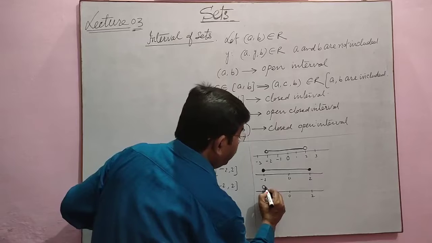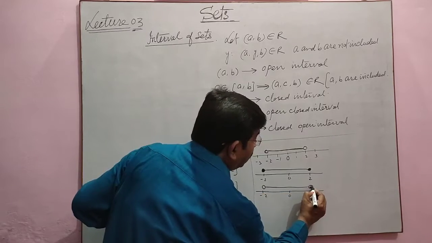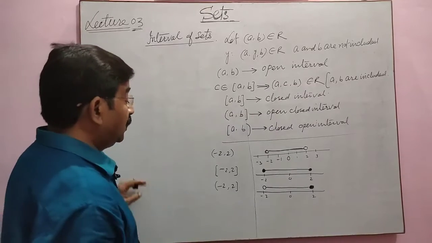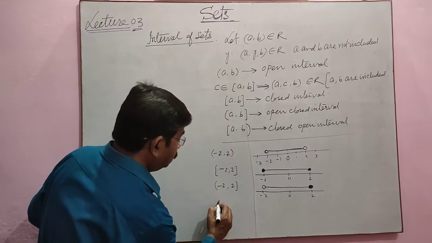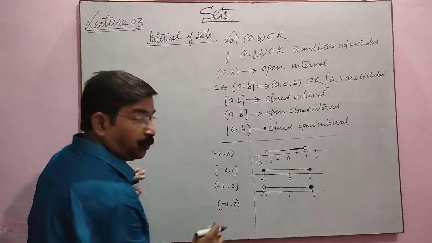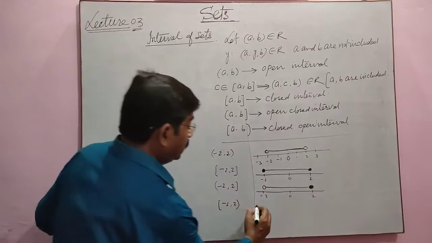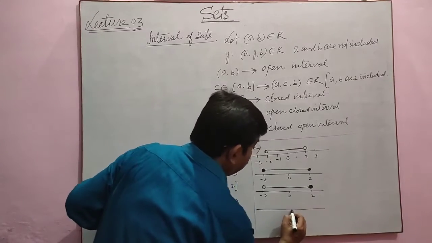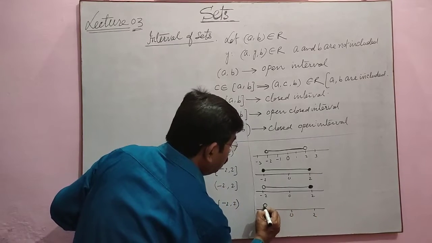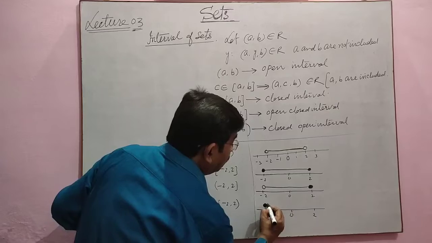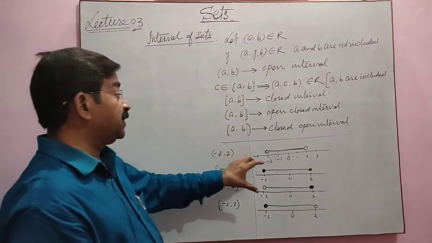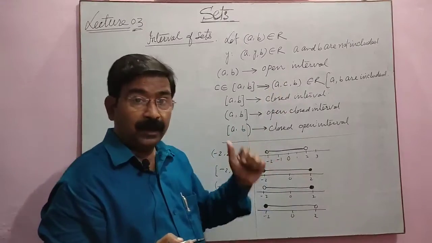One side is open and the other side is closed, and this will be darkened. Now we have [-2, 2), closed open interval. Same thing, this is 0, here -2 and here +2. This is closed, so this is darkened, and this one is open. So this is how we represent the interval on the number line.